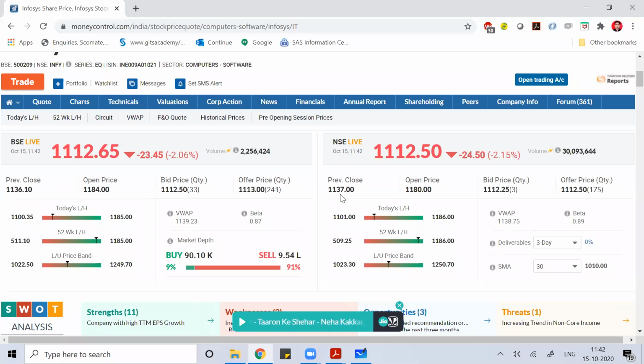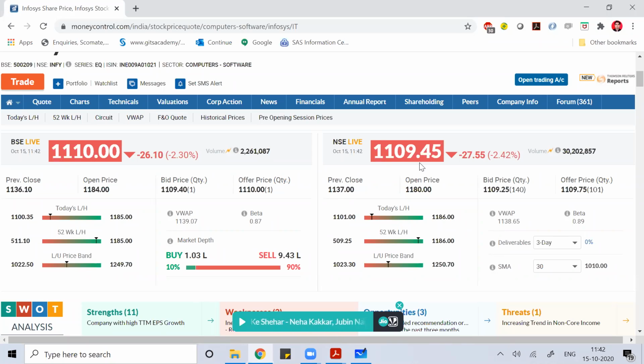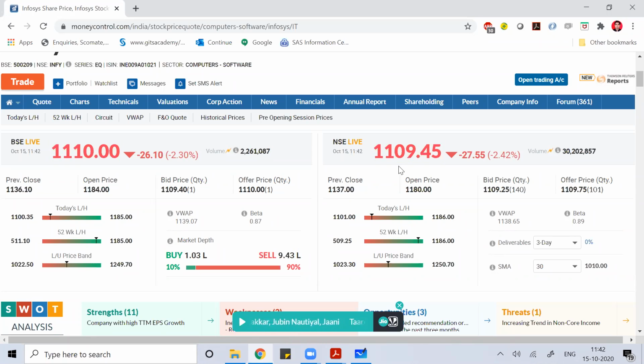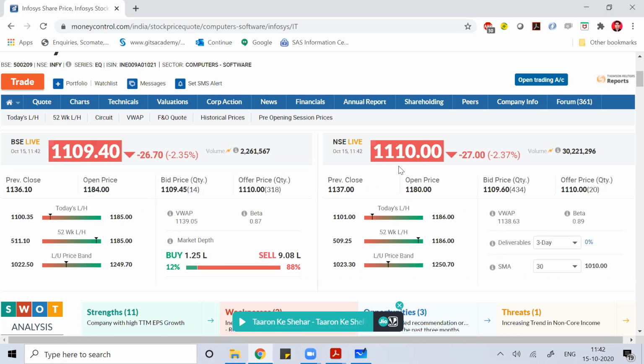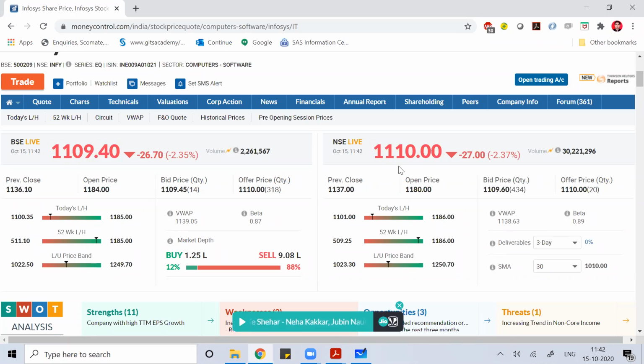Yesterday it closed at 1137 and now it is trading at 1109. So you can understand the stock is falling down. The news that came yesterday was negative about this stock Infosys, and because of that news the stock price of Infosys keeps on falling down.